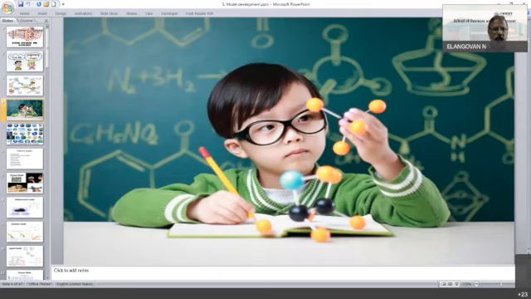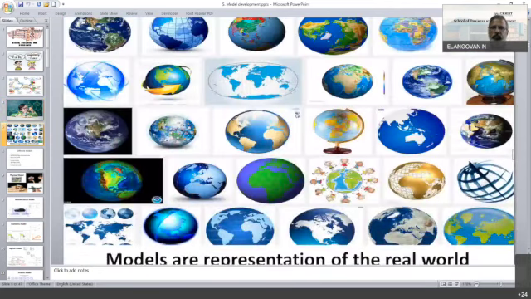Looking at models, learning again becomes very easy. In visual learning we have pictures, and there are different types of models, and models help us to learn better. So models are a representation of the real world.